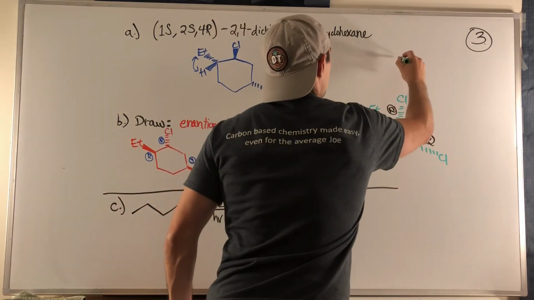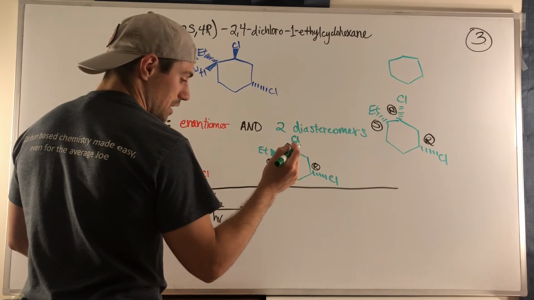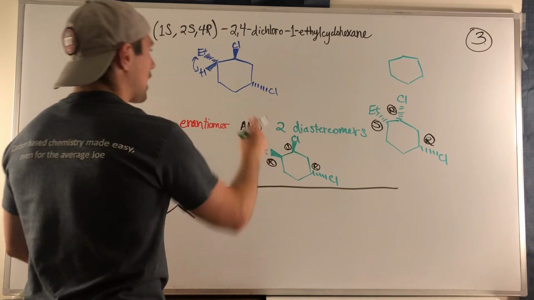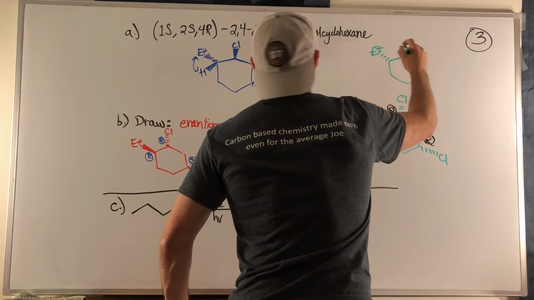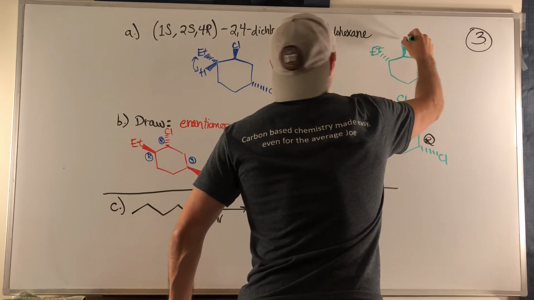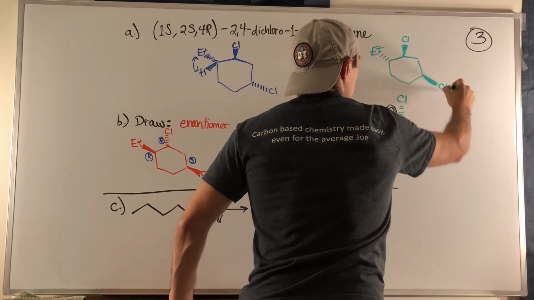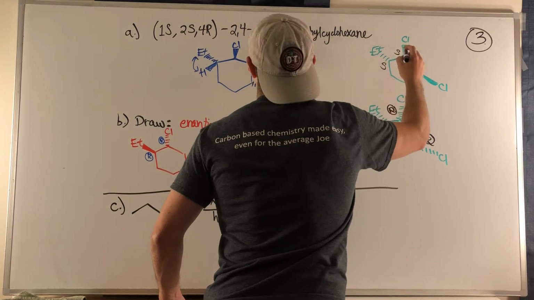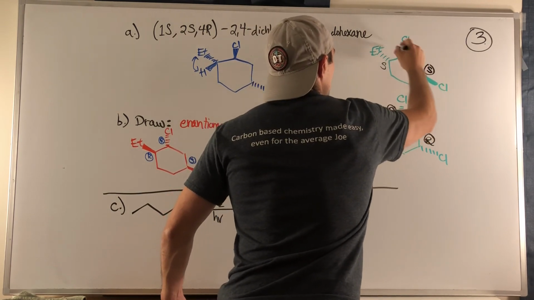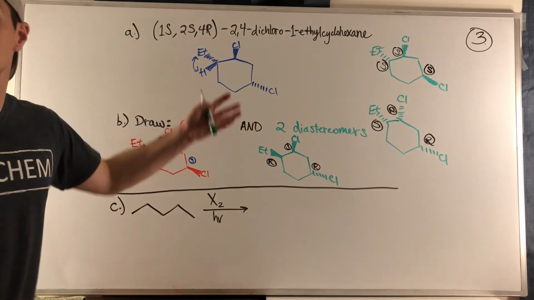I'll use up here. Needed more space. I could just flip this. That's the only one I haven't done the one flip with. I could make it a wedge. And then that would make this structure S, S, and S. Okay? So I gave you 3 diastereomers, and you only had to draw 2.